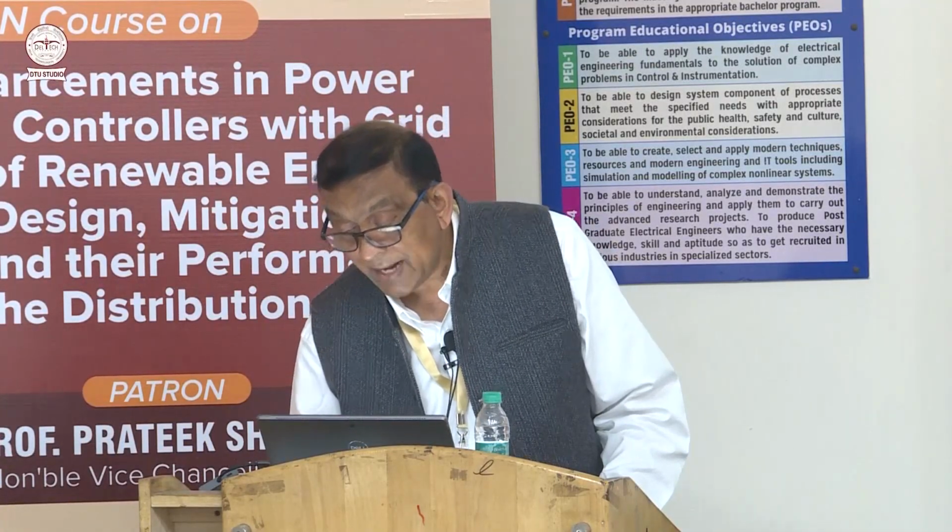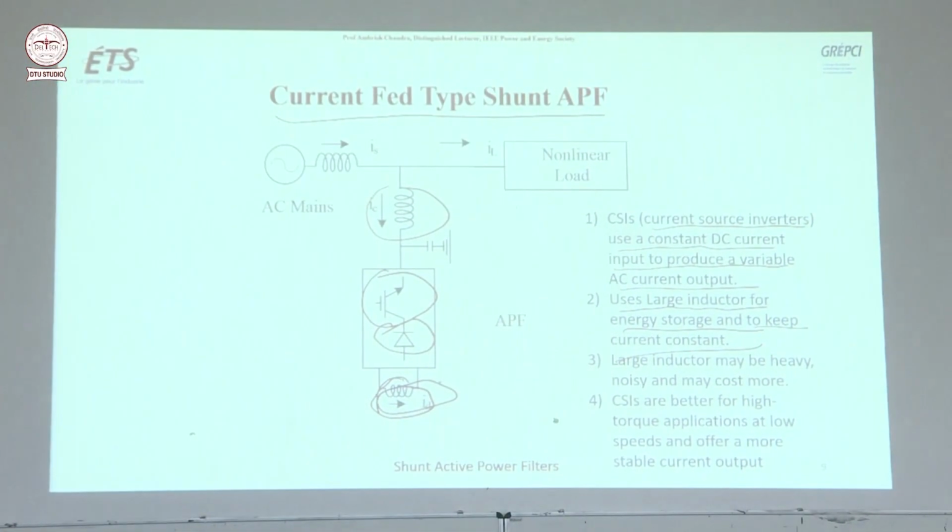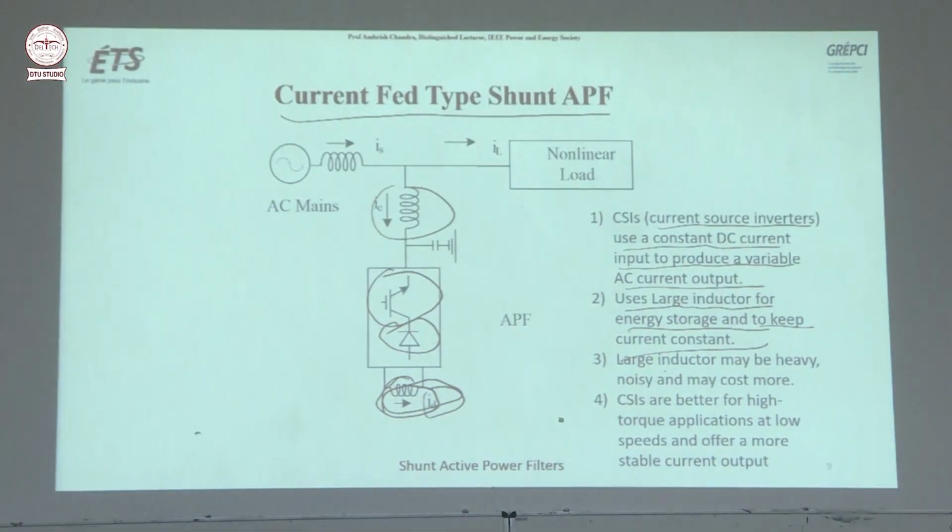It uses a large inductor for energy storage here, to keep the current IDC constant. A large inductor may be heavy, noisy and may cost more. Current source inverters are better for high torque applications at low speeds. So this is the application basically for current fed type filters, and they offer a more stable current output.